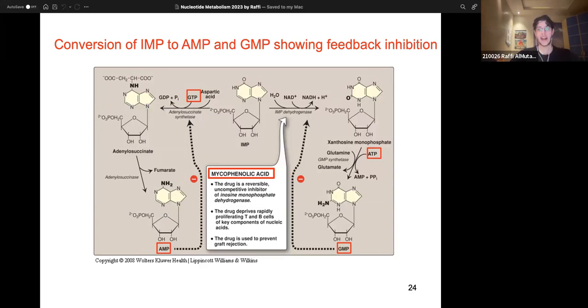Now, we use this drug to inhibit our immune cells from causing an immune reaction when we want to transplant organs. So I'm sure most of you, if not all of you, know what an organ transplant is. And in this process our immune system may not like that we're doing this. And you'll learn a lot about this next year. It's really fun. But what happens is that we give this drug to patients so that their body does not reject the organ, if that makes sense.